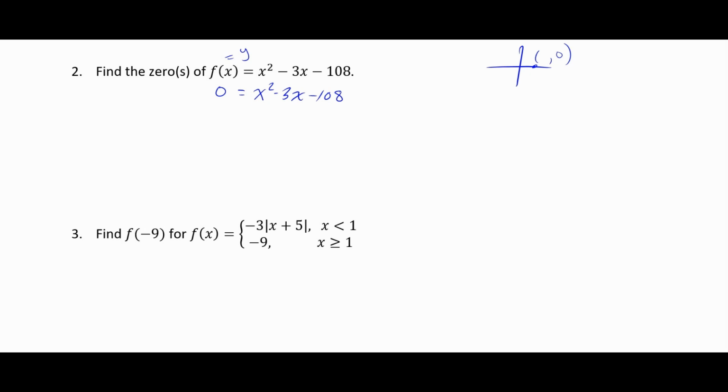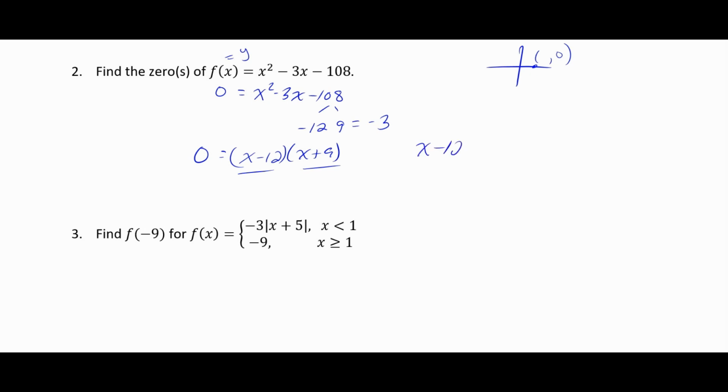As I'm thinking about negative 108, I'm thinking of two values that multiply to be negative 108 and combine to be negative 3. And the two values that come to mind are going to be negative 12 and 9. So x minus 12 and x plus 9 equal to 0 are going to be my factors. All I need to do with those is call the zero product property and set each of those separate factors equal to 0.